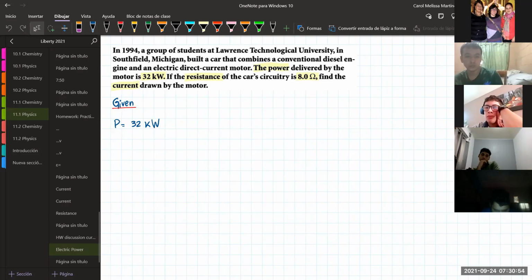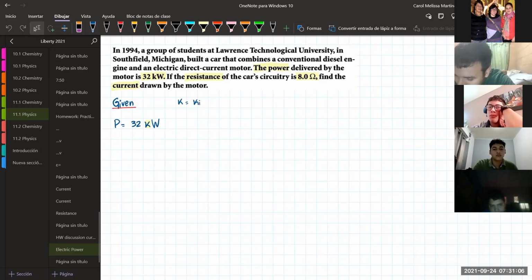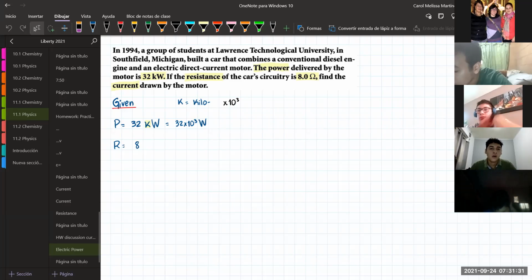Remember that the prefix kilo is times 10 to the third power. So the conversion will be 32 times 10 to the third power watts. Then it's giving you the resistance that is 8 ohms and it says that you need to find the current.